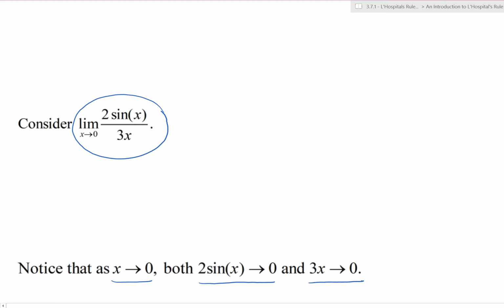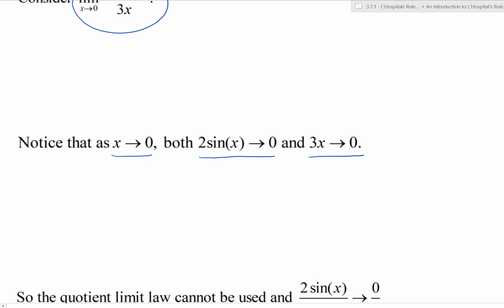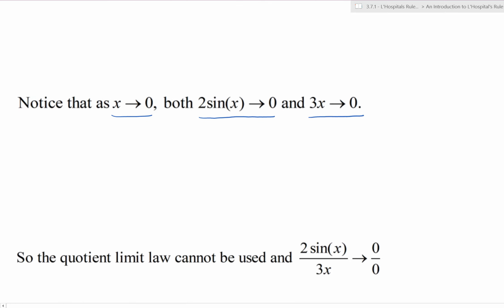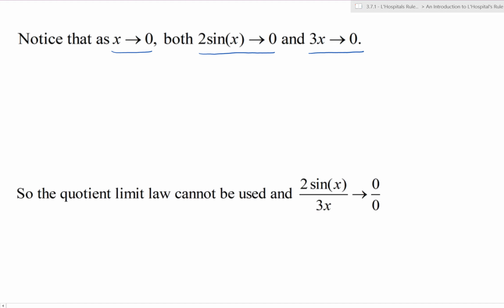And so because of this, the quotient limit law cannot be used in a situation like so. Moreover, that quotient, 2 times sine of x over 3 times x, goes to the form 0 over 0. So what to do with that?